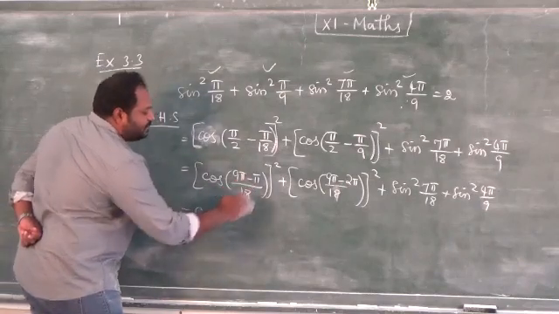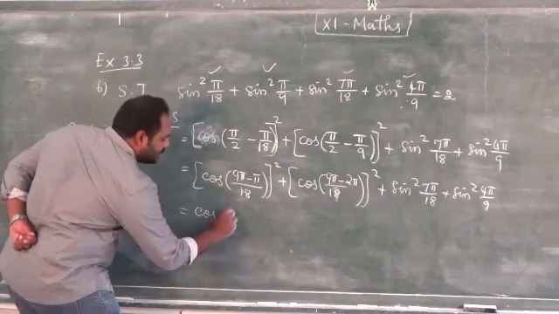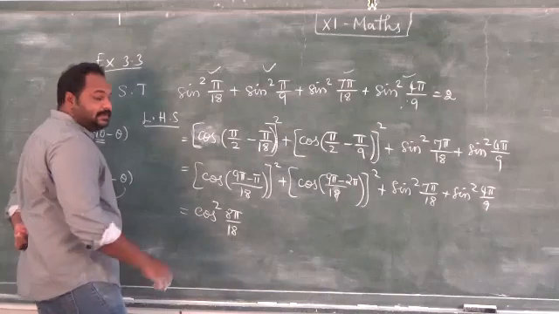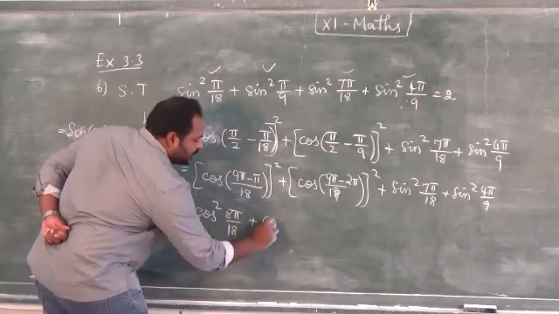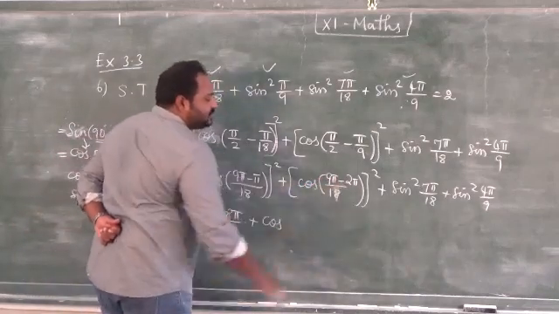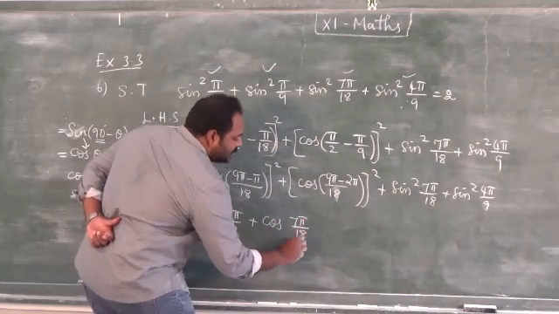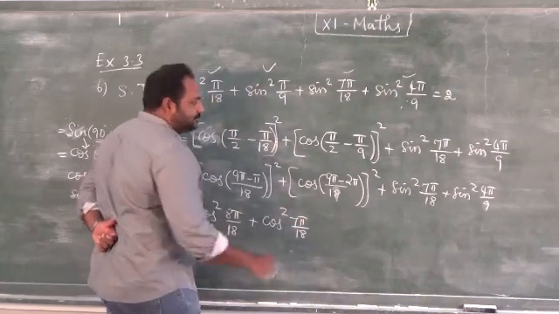This is 9 pi minus pi, which is 8 pi by 18, squared, plus cos of 9 pi minus 2 pi, which is 7 pi by 18, squared.